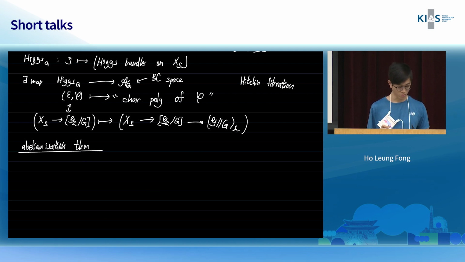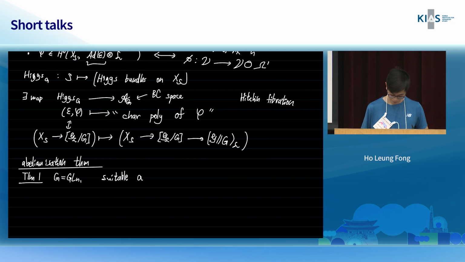Actually, it is also valid in the classical context. If you have, let's say G is GL_n, then for suitable a, you can classify the fiber of this map.